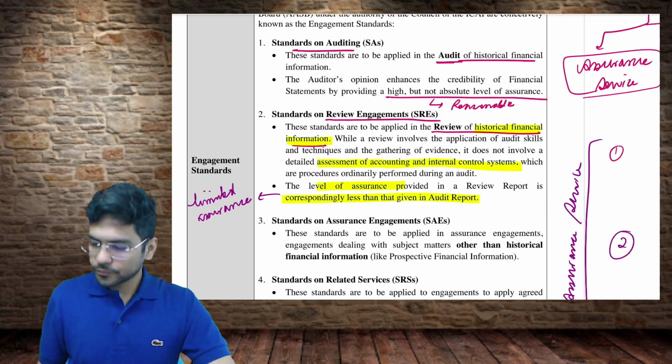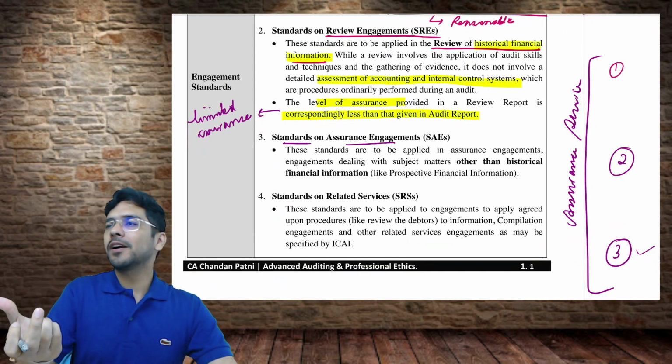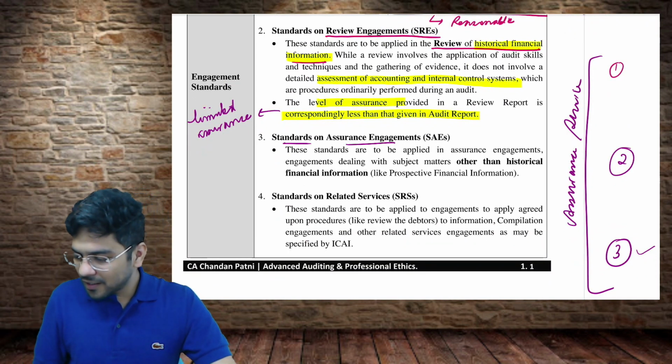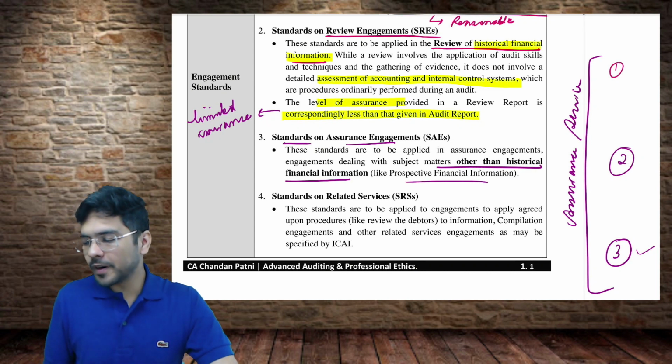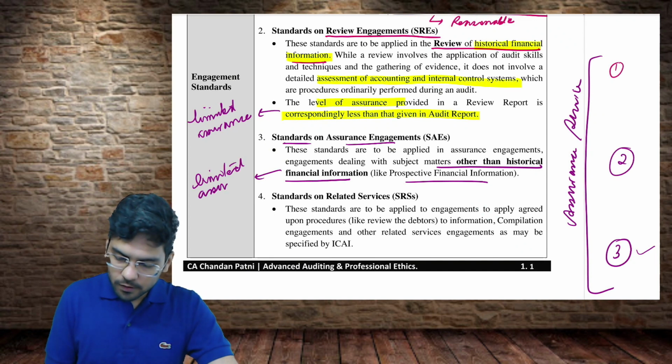Is this clear? Okay, then we have standards on assurance engagement. What is the subject matter here? Can I say other than historical financial information, like prospective financial information or so. What is the assurance that again you are going to give? It can be either limited, or what is the other name of limited? Moderate.